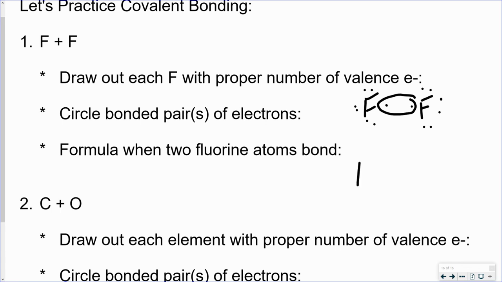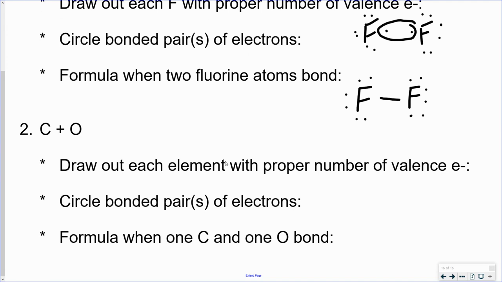And then your final drawing would be, you still have to show all electrons that are pairs. The line would then represent the bonded pair. And when you count them, it goes 2, 4, 6, 8, 10, 12, and 14, which is the correct number of valence electrons.